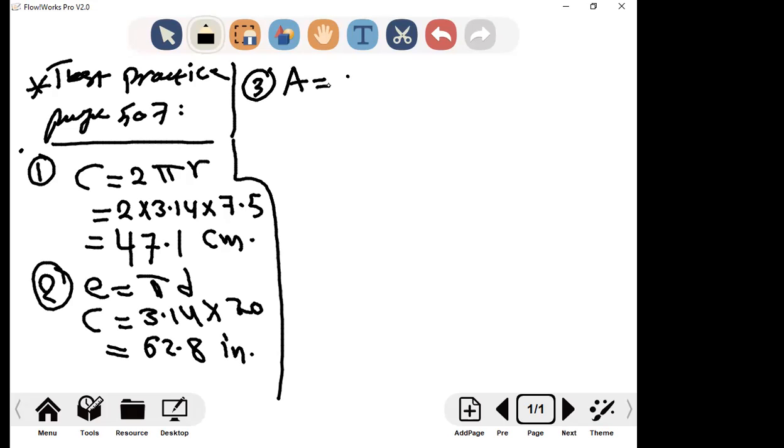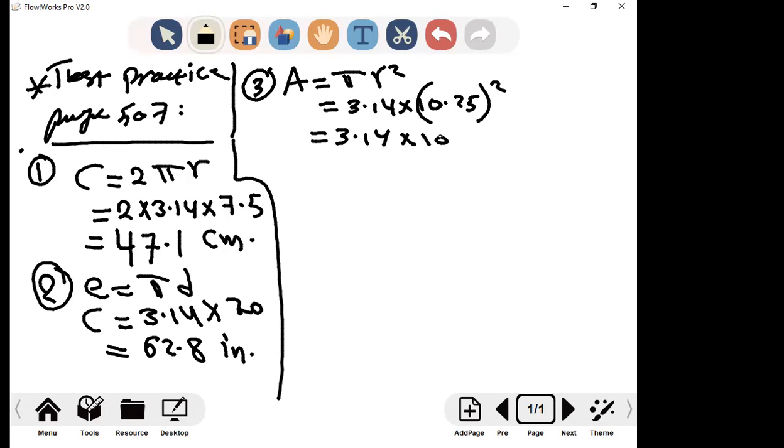A equal pi r power 2. Pi is 3.14. What's the radius? 10.25 to the power 2. Equal 3.14 times 10.25 times 10.25 because it has power 2. Let's find it.